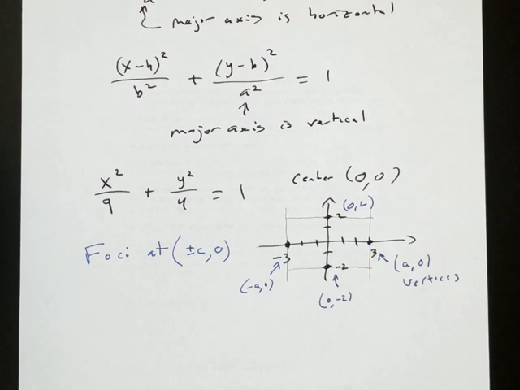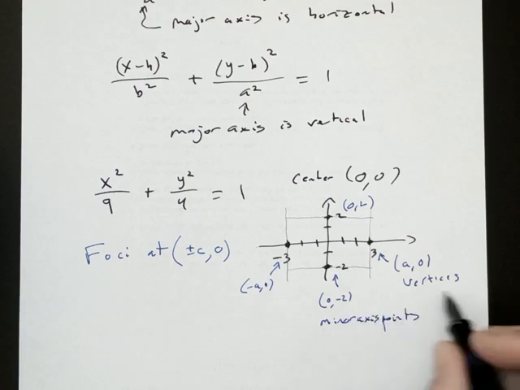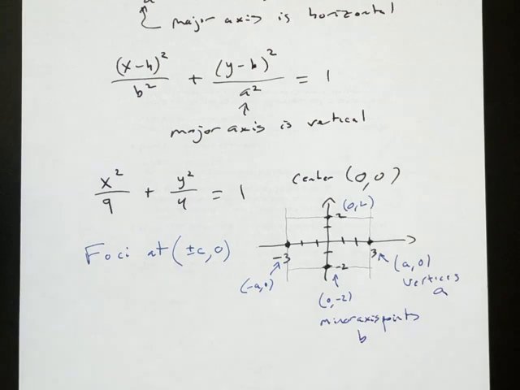So I'm going to call them the minor axis points. And notice the vertices go with A, the minor axis points go with B. And the foci go with C because that's in the word focus. Okay.